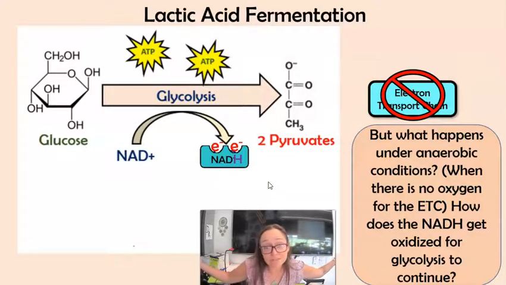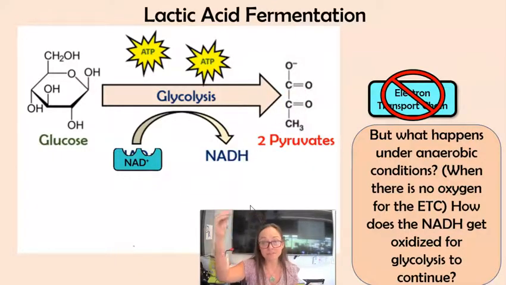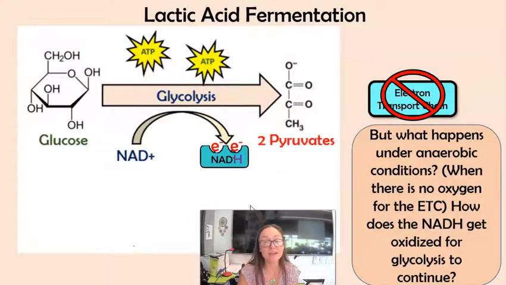So where do we put the electrons and the hydrogen? Onto pyruvates. The electrons and hydrogens are taken off of the electron carrier and added to pyruvate. This oxidizes the electron carrier.